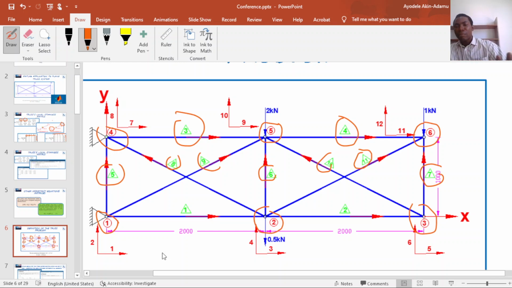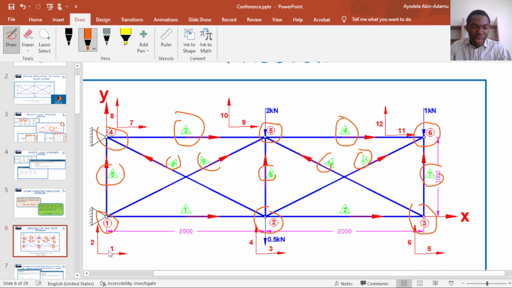So after you have labeled the nodes of your structural system, the next thing you need to do is to label or number your degrees of freedom. For a truss element, unlike the one-dimensional problem in which each node has 1 degree of freedom, the truss system has 2 degrees of freedom at each node.